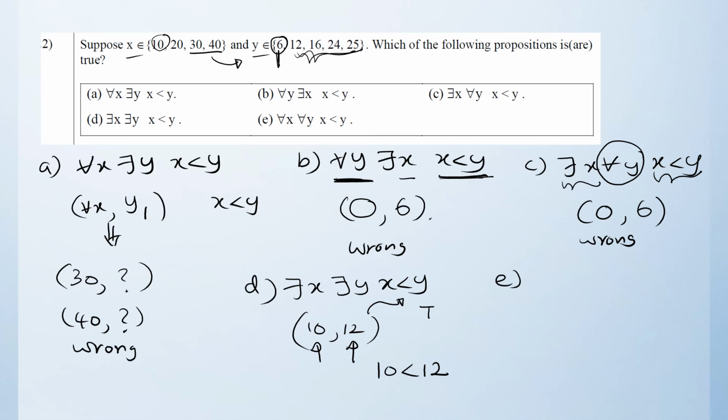Part E. For all x, for all y, x less than y. As I told you before, this is also wrong, since we do not have an ordered pair for the element 6 in y. So the answer is D only.